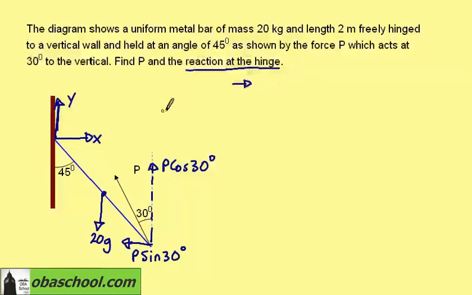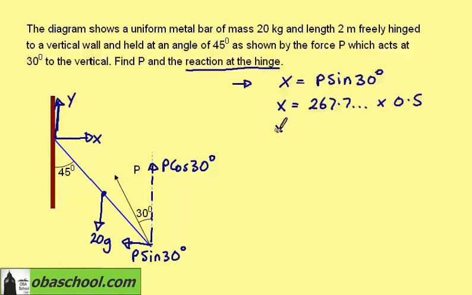We have P sine 30 and X, and since we're in equilibrium, these must be equal. Therefore, X is going to be 267.7 and so on, times sine 30, which is 0.5. So X is 133.9 newtons, correct to 4 significant figures.